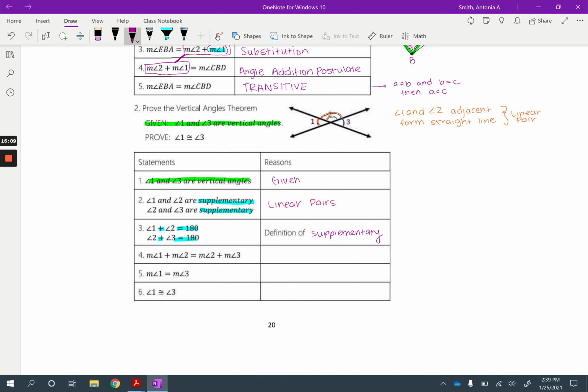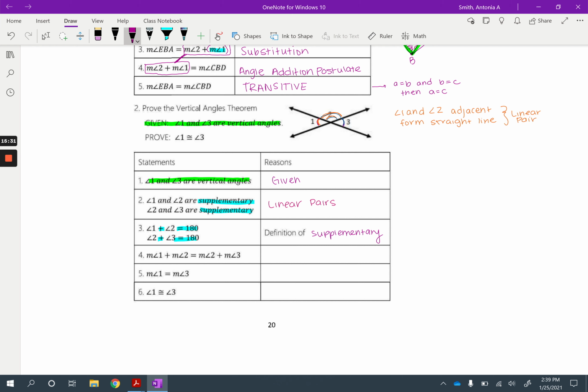Okay. Statement number 4 now. The measure of angle 1 plus the measure of angle 2 equals the measure of angle 2 plus the measure of angle 3. Well, let's think back to our proof up above, the one before this. Remember our very last step, we said because those two things are equal to the same thing, they must be equal to each other.